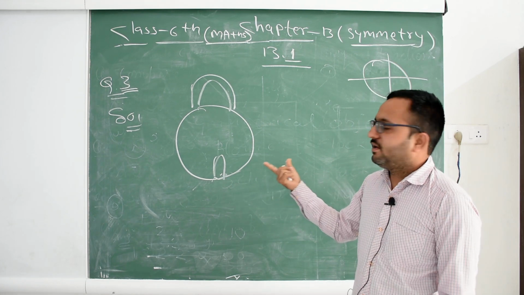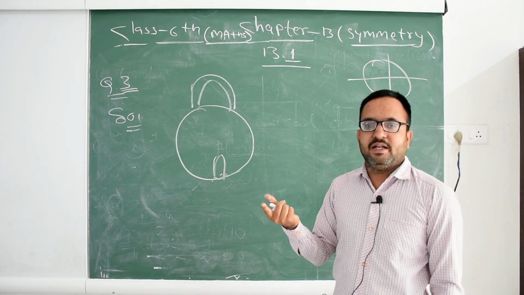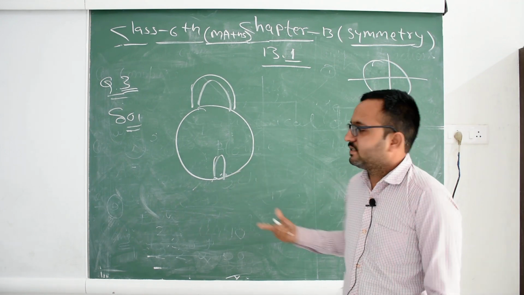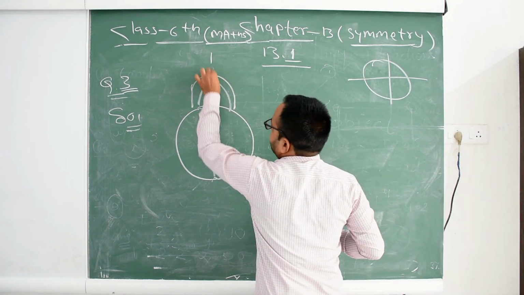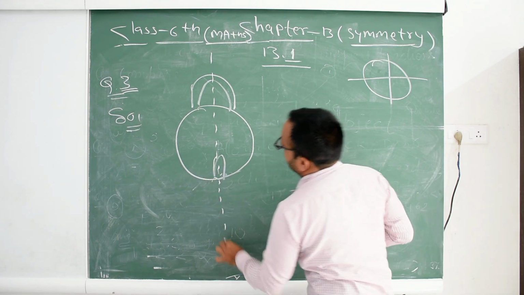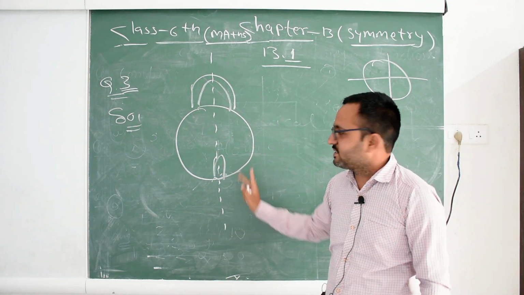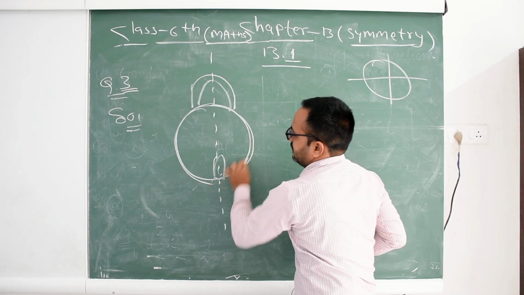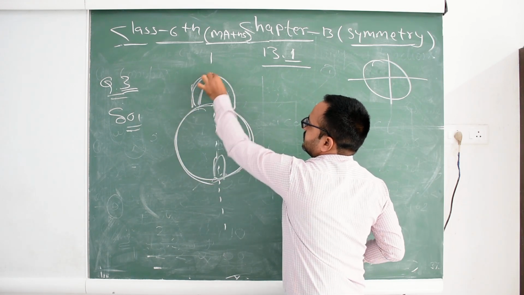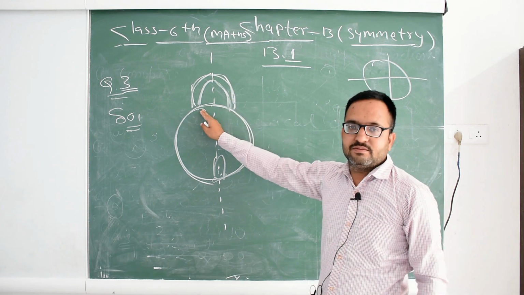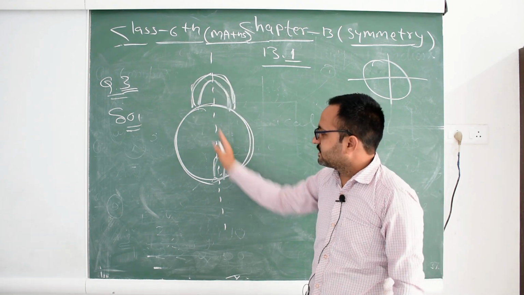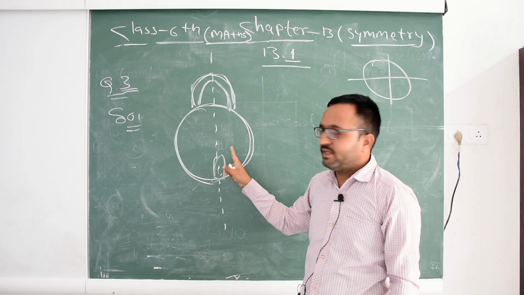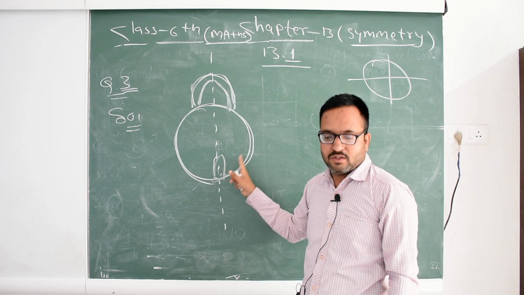For this we draw a line of symmetry, and this line divides it into two equal parts, like a semicircle, and this is the same kind of division. So this object is called symmetrical. It means this lock is a symmetrical object.